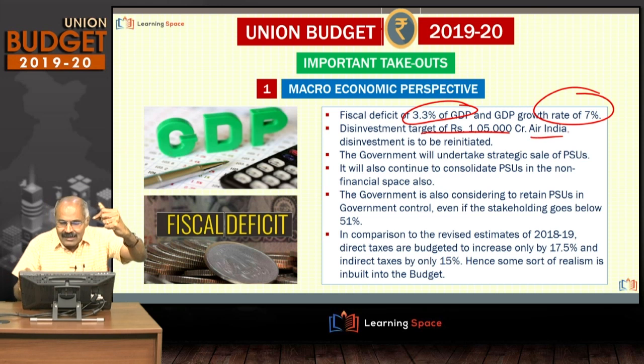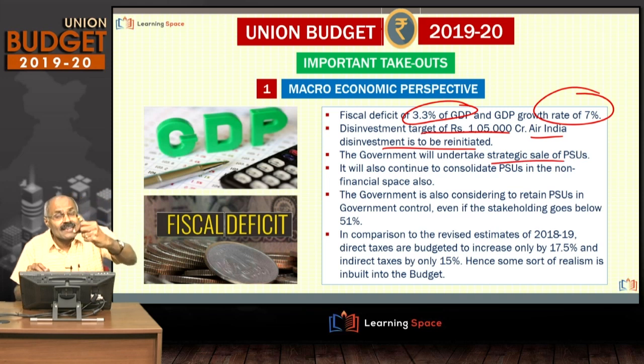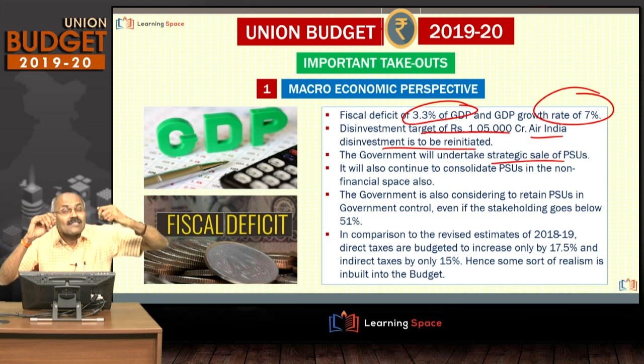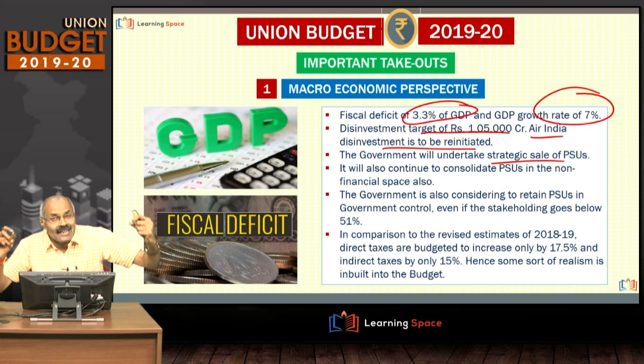Then second, Air India disinvestment is going to be reinitiated. Then the government will undertake strategic sale of public sector undertakings, because disinvestment involves minority stake sale and strategic sale.